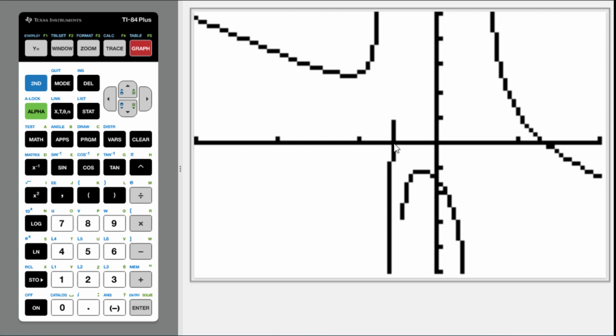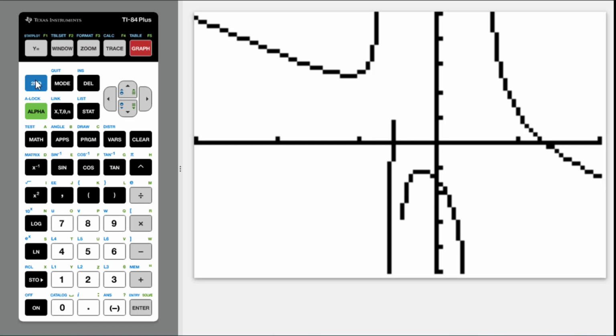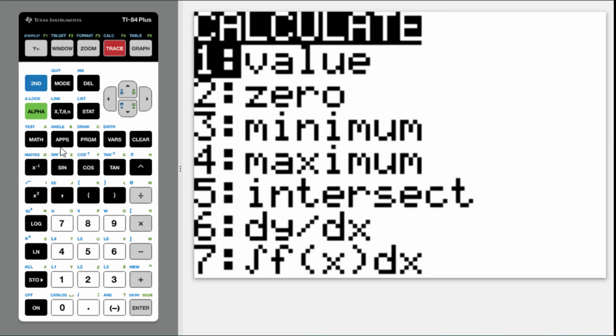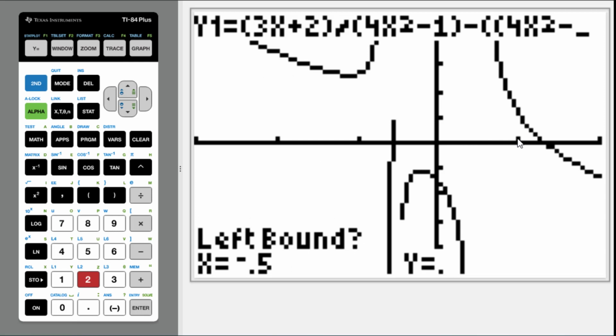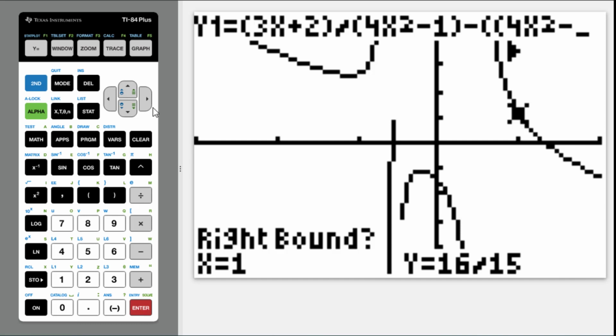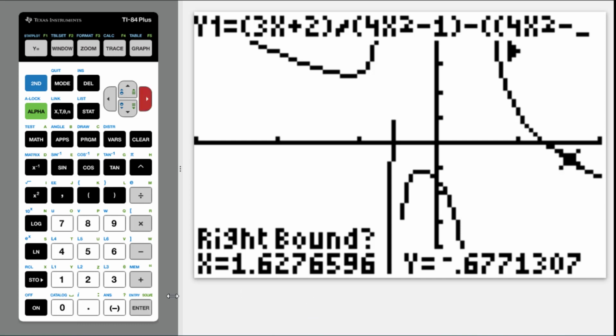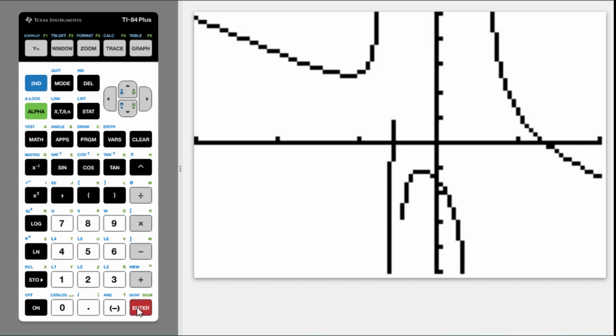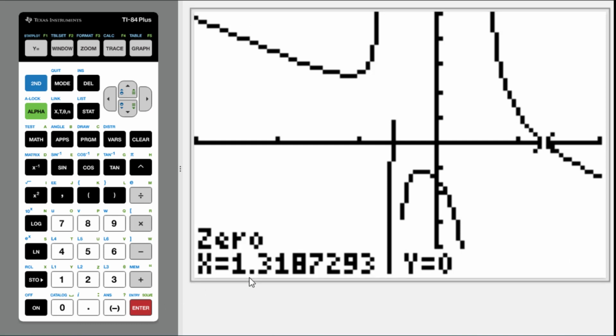So we have the second 0. Let's figure out these two roots. Second trace, 2. We know this is 1, so left bound 1. Move the arrow, then we get 1.32.